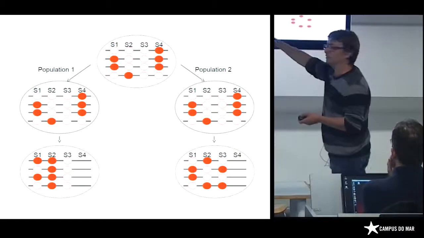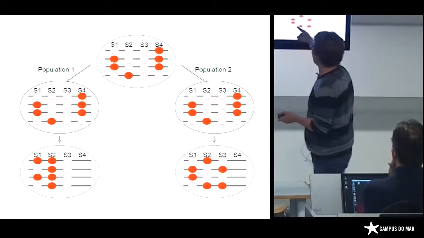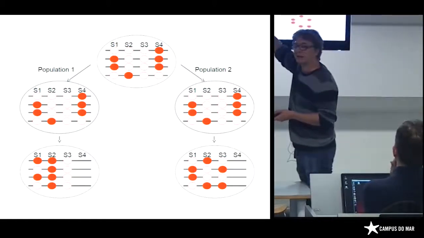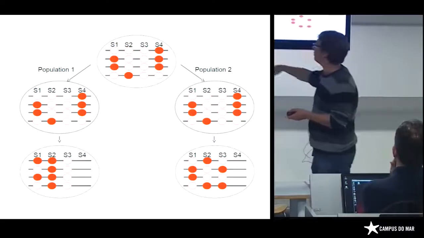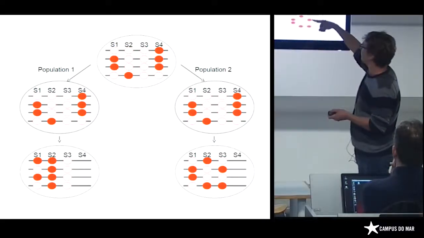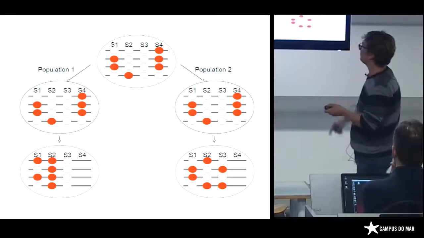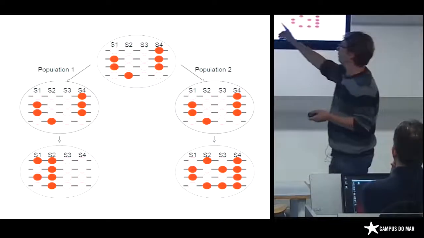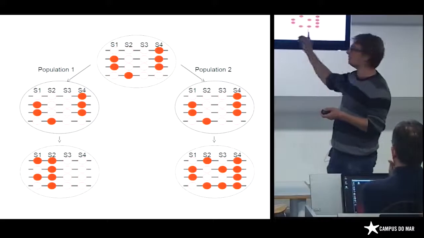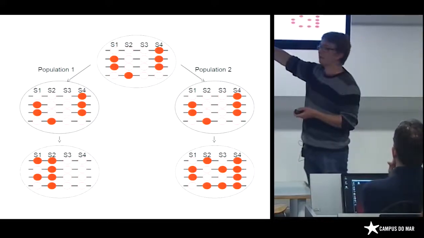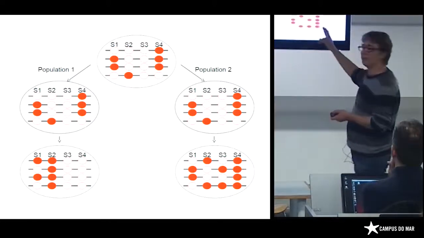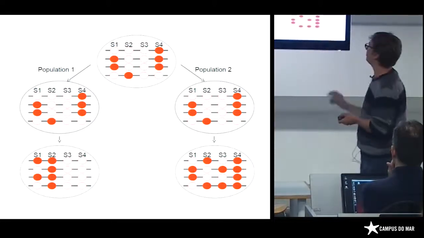Here you have the reverse. It's the ancestral allele that is fixed in population 1, and the polymorphism is present in population 2. And here you have differentially fixed alleles: the ancestral allele in population 1 and the derived allele in population 2.